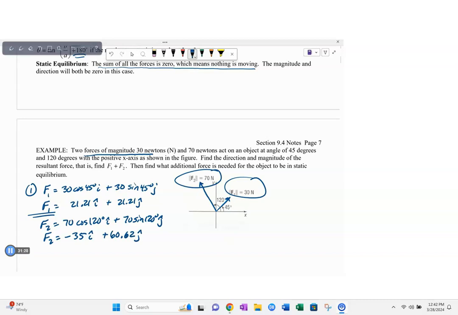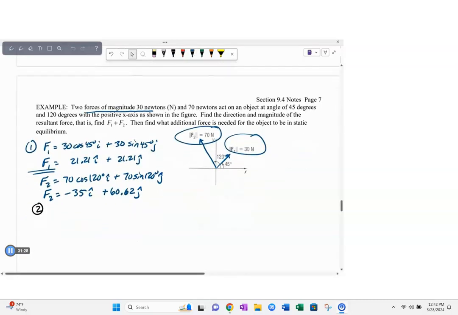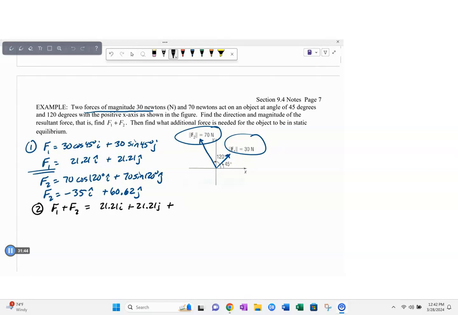Now we can add them. So let's add and find the resultant vector. So step number 2, F1 plus F2 would be 21.21 I plus 21.21 J plus negative 35 I plus 60.62 J. So let's combine the I's.